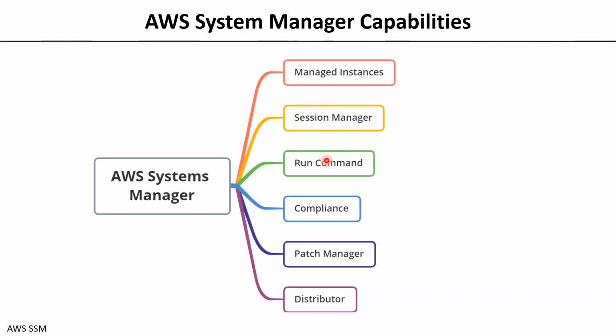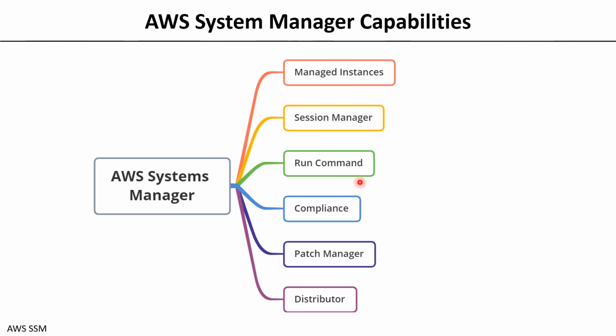For this particular demo and video, we are restricting ourselves to only a few of the AWS Systems Manager services. One is the managed instances. We will see how to get an instance under the management of Systems Manager by installing or enabling an agent.